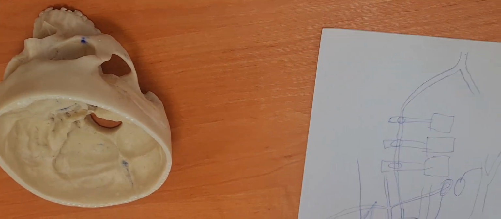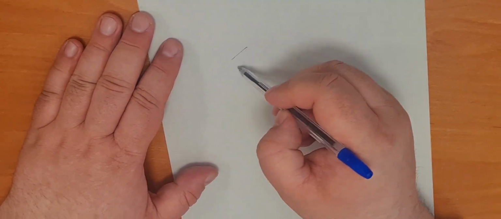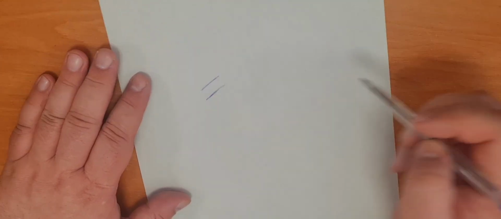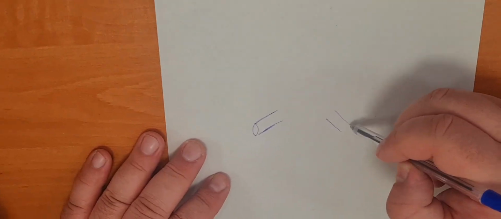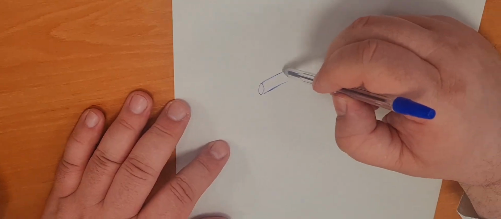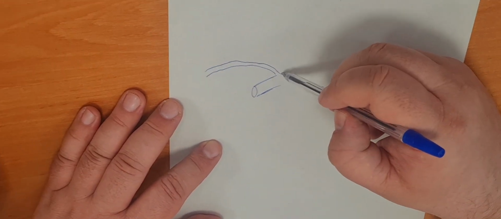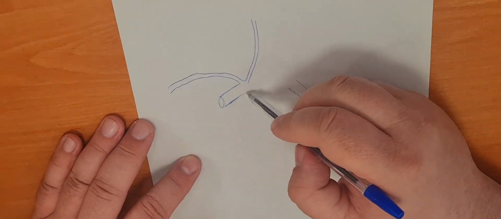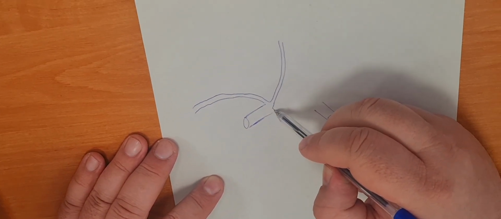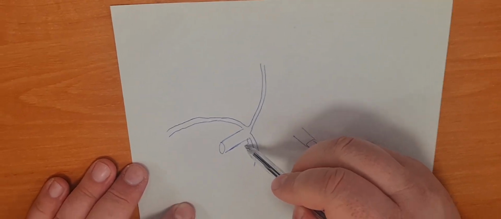And now you need to draw this diagram. It is only for your understanding, but now I will draw the diagram that you need to draw next time. That is the internal carotid artery, arteria carotis interna, and it gives arteria cerebri media, then arteria cerebri anterior, then arteria communicans posterior, and arteria choroidea.